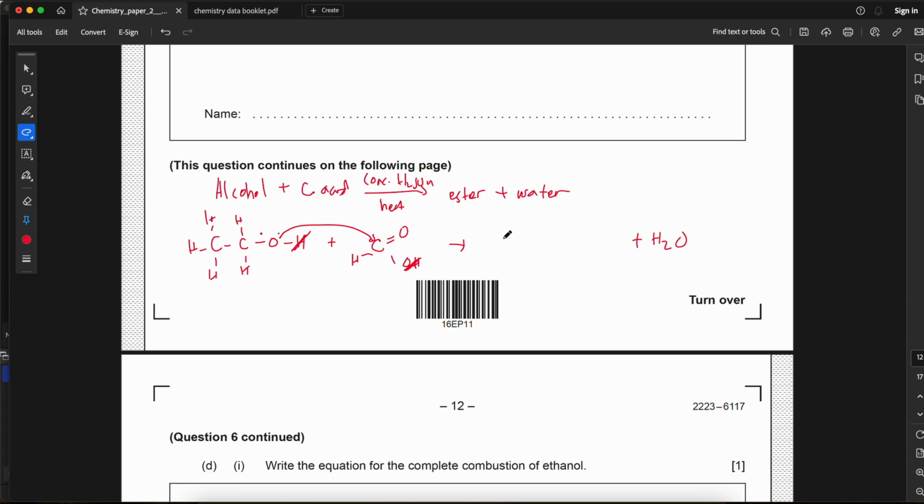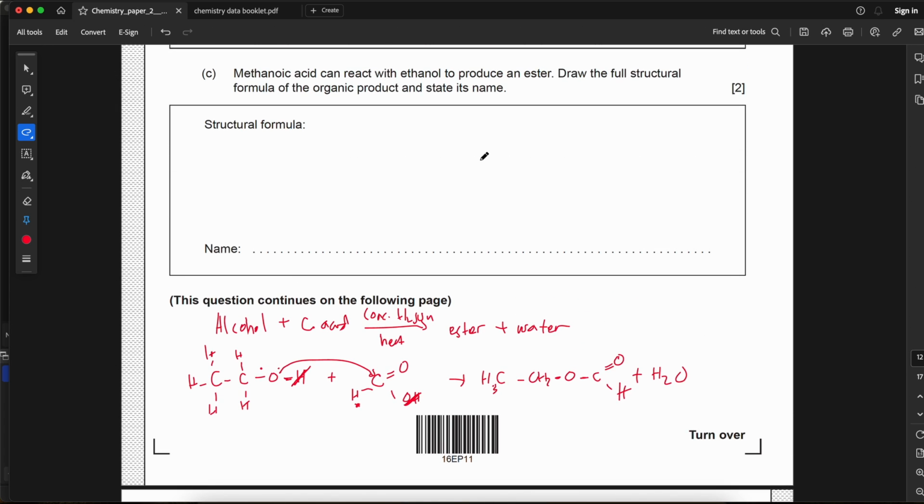So you can just combine them, CH2, so O, and then this bond with C, and then with O, and we have H right here. Okay, so that would be the structure.